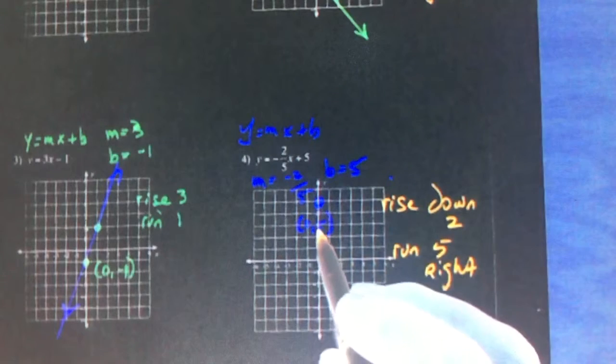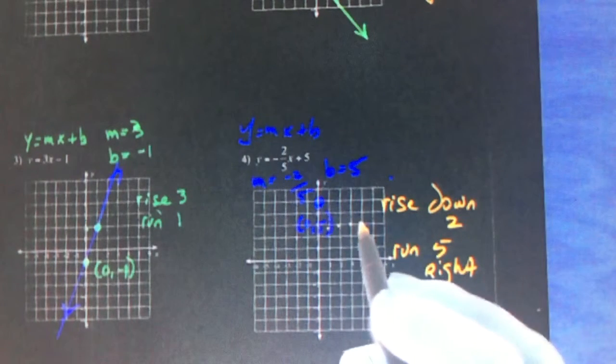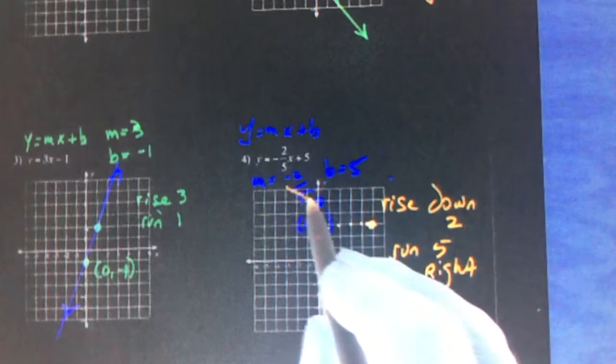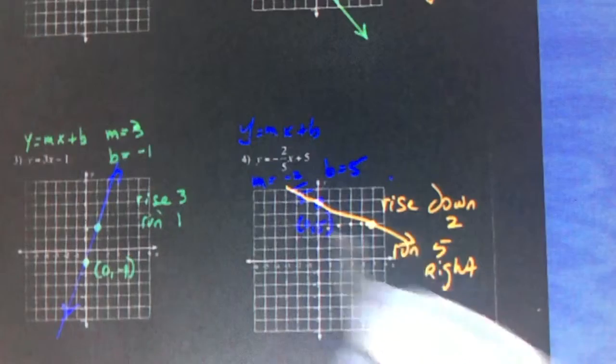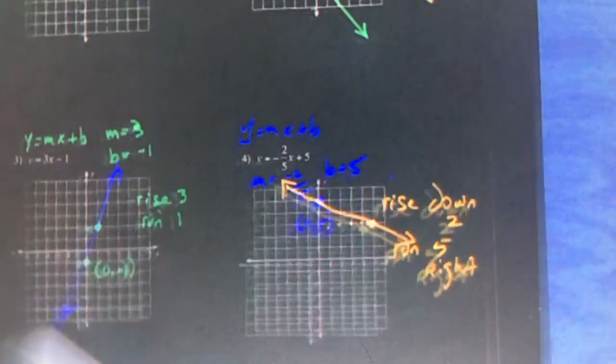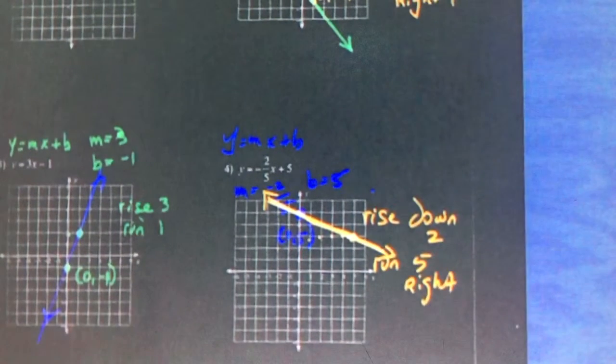So on our graph, we go down 2, and then 1, 2, 3, 4, 5 over here, and then we draw a line between those two. Sorry, it's a little crooked, this line. No time for a ruler. Sorry about that. Well, hold on a second. Maybe we'll just make it right. Here we go. There it is with the ruler, a little more straight. And we have our final graph for this exercise.